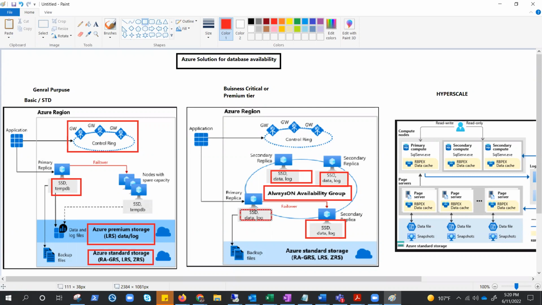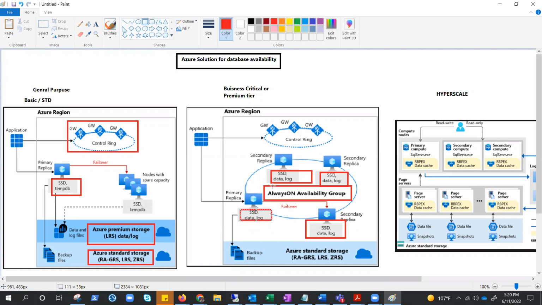So if the read only session reconnects after a connection error caused by replica unavailability, it might be redirected to a replica that's not 100% up to date with the read write replica, because it's asynchronous replication, right? That's why if there is a session, there is a consistency. If it breaks, it might hamper, right?